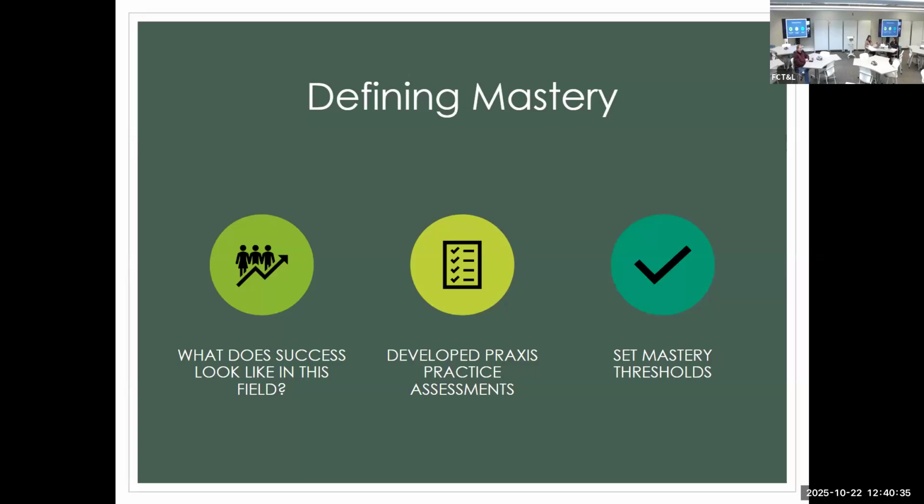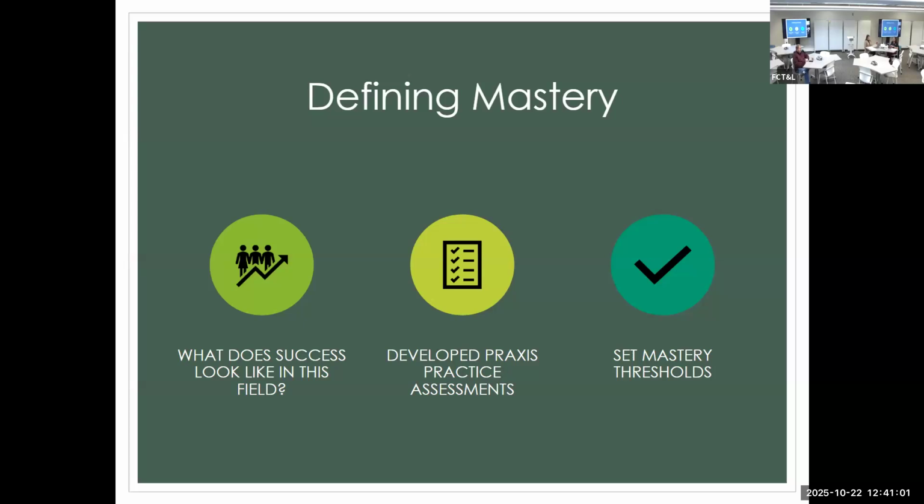So then it was going back to that: what does mastery look like in the course and in the field? And I just kept asking myself, and this is a 500-level class, when the students graduate, what do I want them to do? When they're out in their work world, in their careers, what do I want them to be able to do? And so how do I ask them to demonstrate that mastery for us?